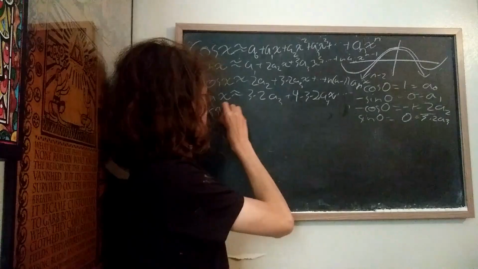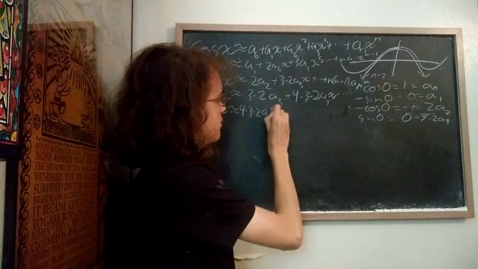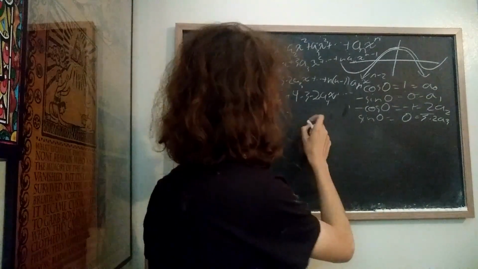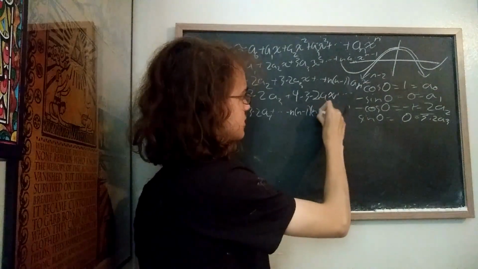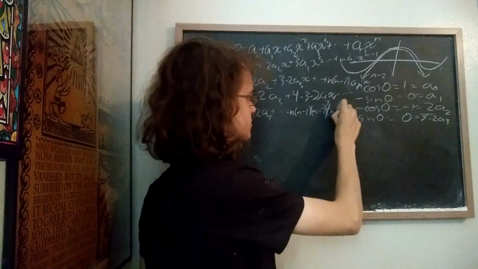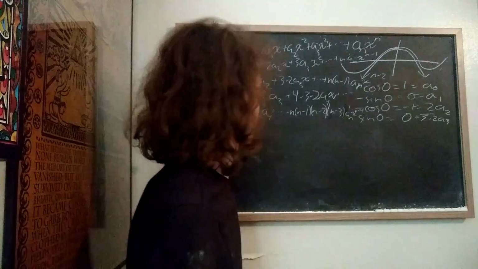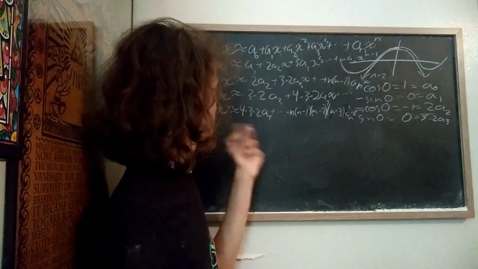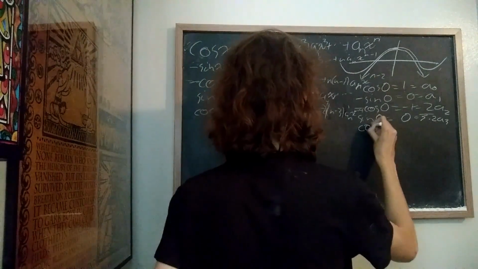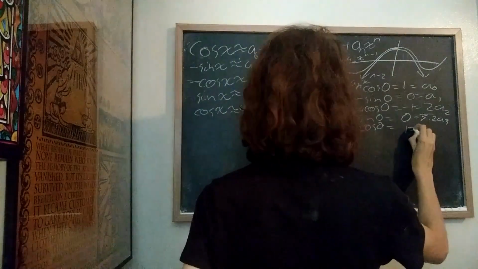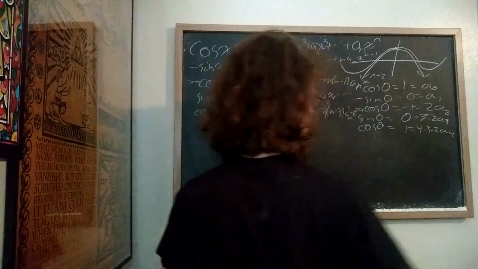We get cosine of x is approximately 4 times 3 times 2, a to the 4, on and on, till we get to n minus 1, n minus 2, which we didn't have room for before, and n minus 3, and then a to the n, x to the n minus 4. And for this one we set x to be 0 for both sides, and we get cosine of 0 is equal to 1 is equal to 4 times 3 times 2 times a4.